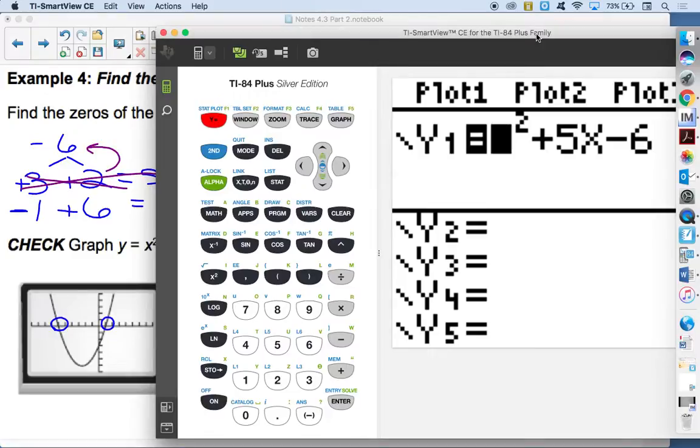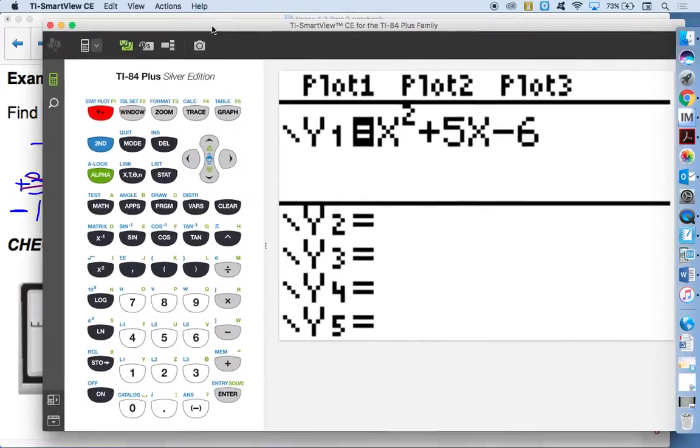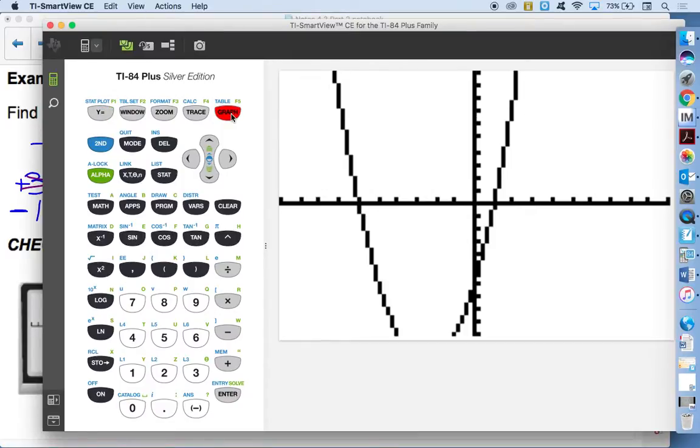Our goal is to see if we can come up with this graph. Hit the graph button, we get a parabola. It's okay that we don't see the vertex because we're not worried about a minimum value, we're worried about the intercepts. For this problem, you can count and see 1, 2, 3, 4, 5, 6. So I've got a -6 and it looks like I have a +1.